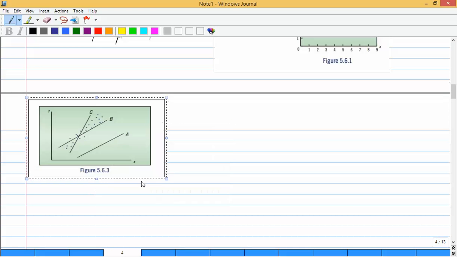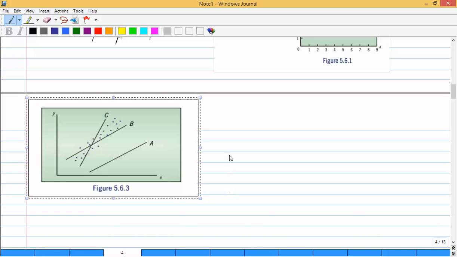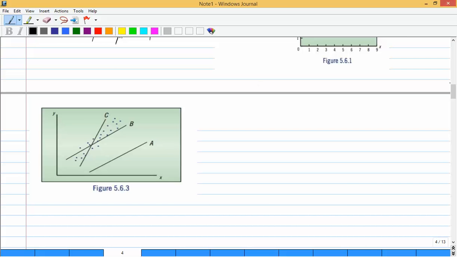It asks, which line do you think best represents the set of data? Now, I could probably draw a line right now that would represent the data better. I could draw a regression line, or a linear graph, that would represent this set of data a lot better than any of those. You can tell A doesn't do a very good job, right? It's not even near the data items, so A shouldn't even be there.